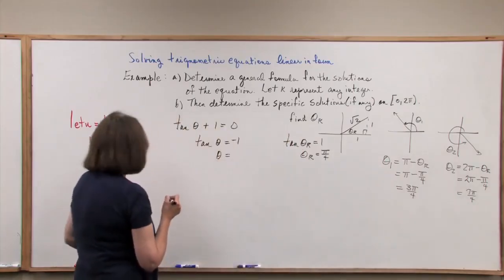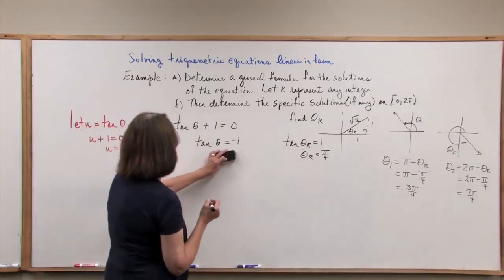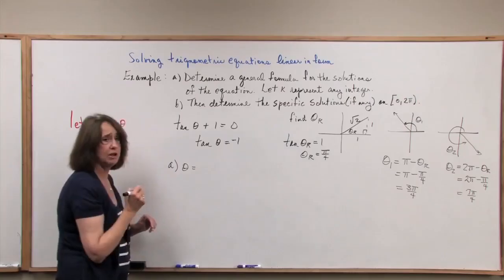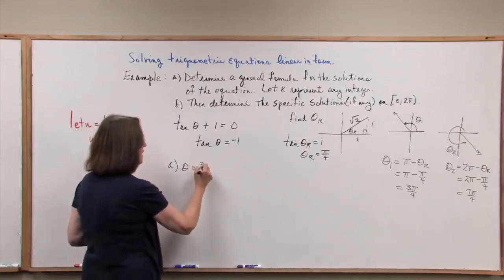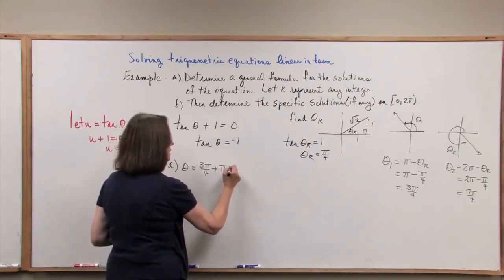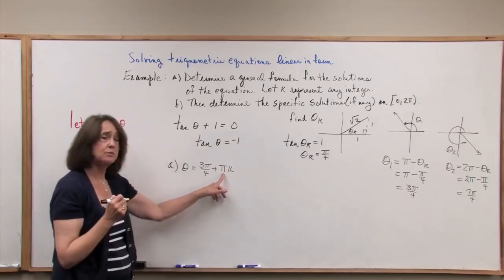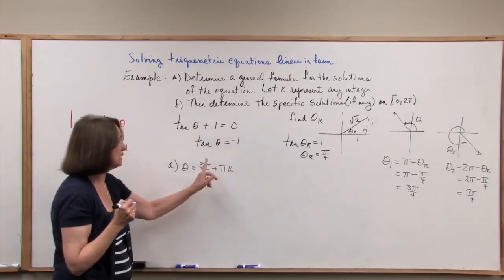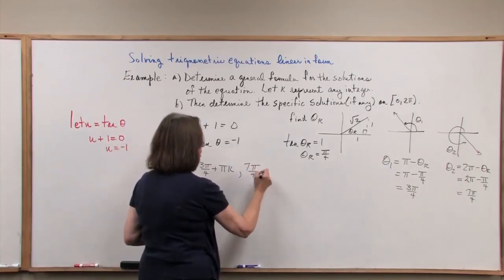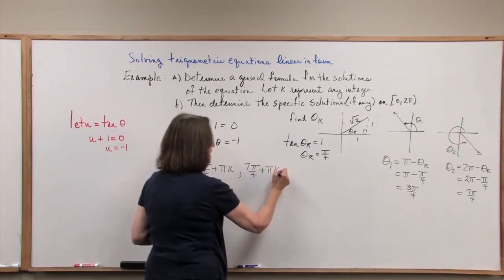So we come back here and we want to write our general formula. We have 3 pi over 4 plus pi k, because the period of the tangent function is pi, and 7 pi over 4 plus pi k.